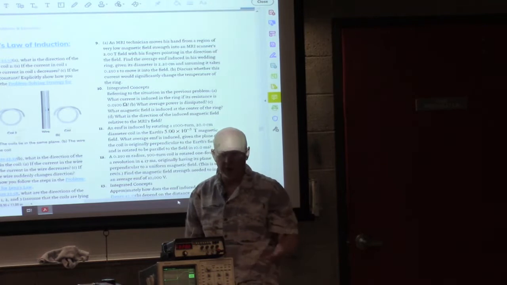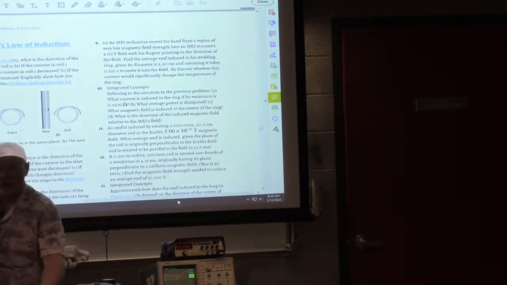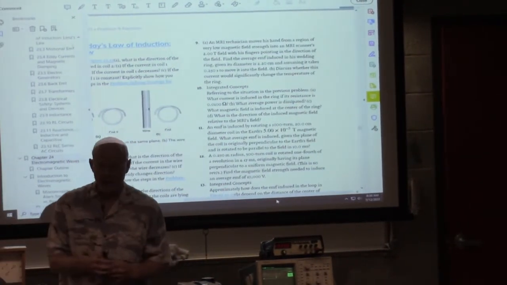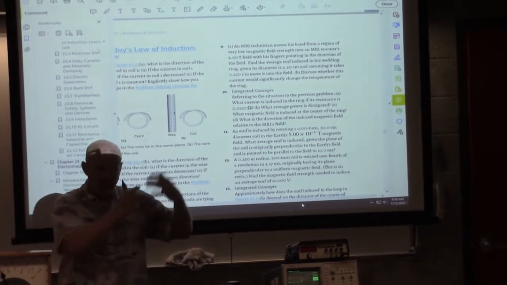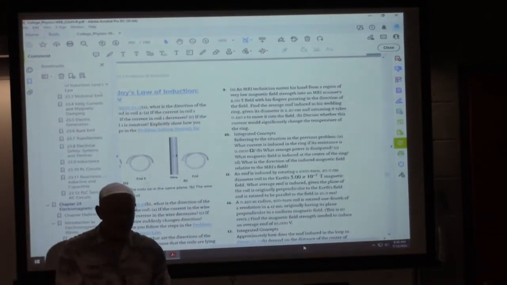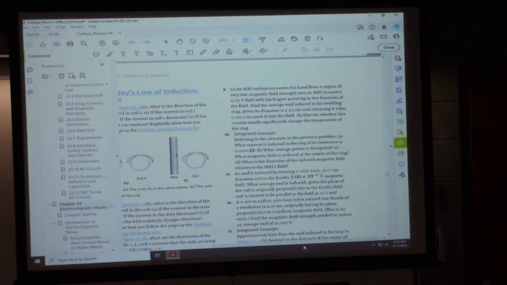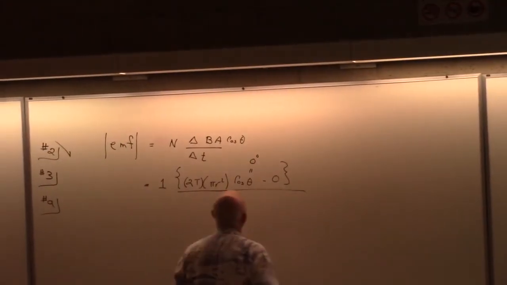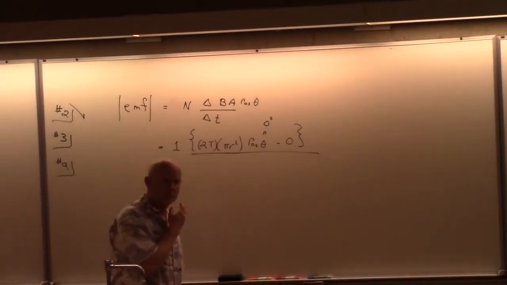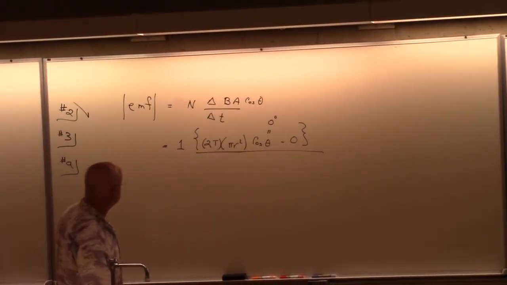So they're the same direction. So I guess I'd call that 0. The angle between them is 0. The field is going in and the normal vector is going in. There's no angle between them. And so this right here is 0 degrees. And cosine of 0 degrees is 1.